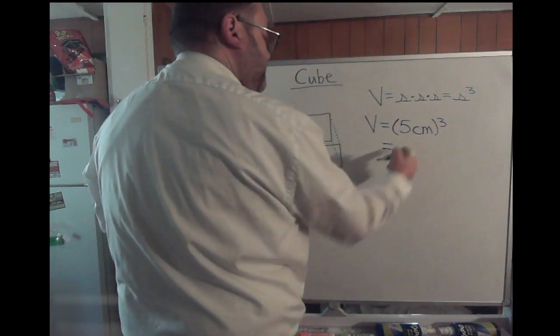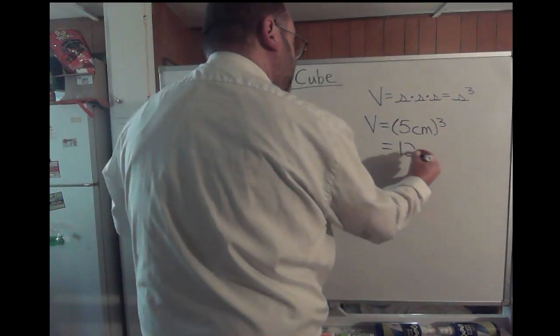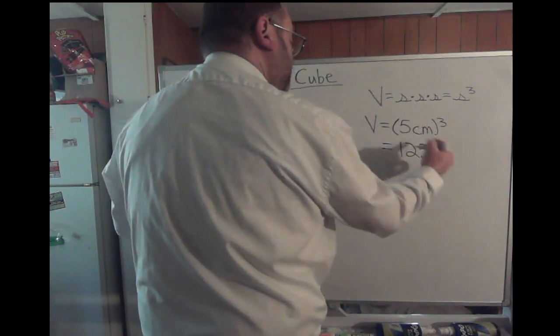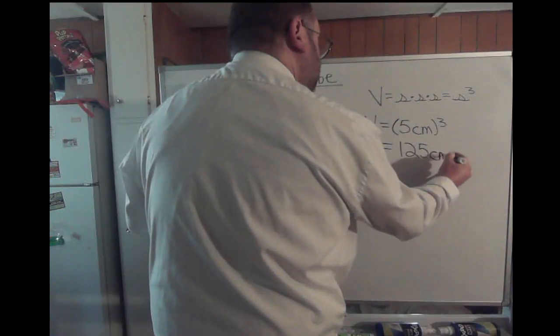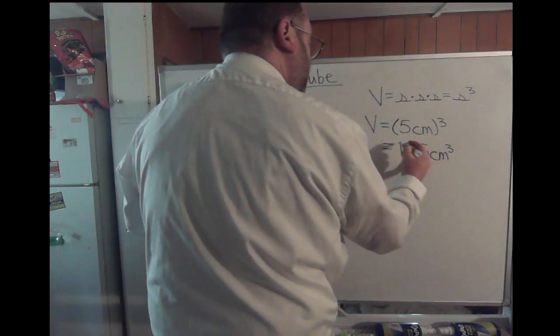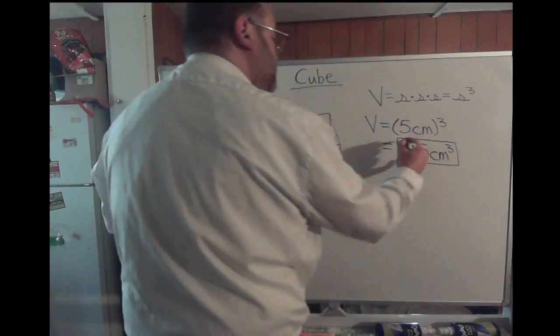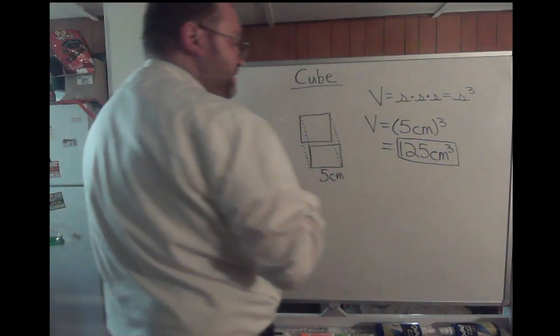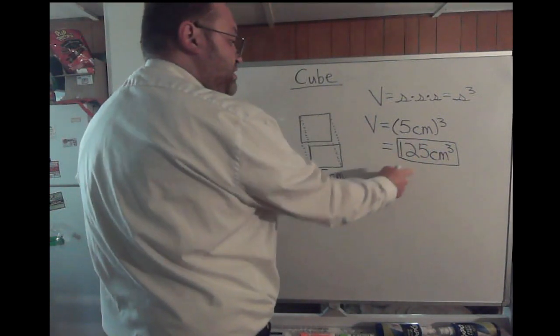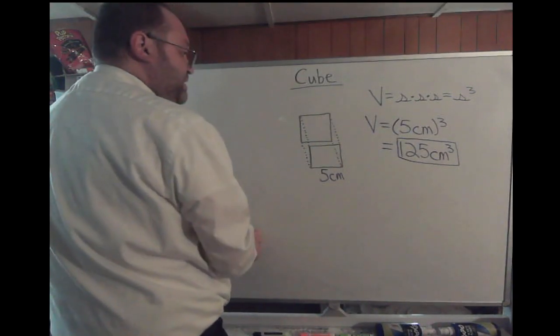Well, 5 to the third power is 125, and centimeters to the third power gives you centimeters to the third, or you could call it cubic centimeters, or centimeters cubed. And your volume is 125 cubic centimeters. That's exactly what you would get.